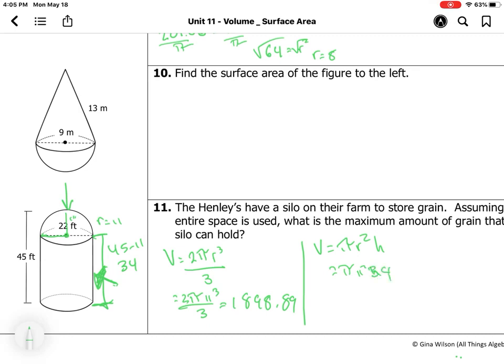So 11 squared times 3.14 times 34. We are left with 12,097. And we are going to add the two together, because we're trying to find the combined volume that the silo can hold. So we add these two together.